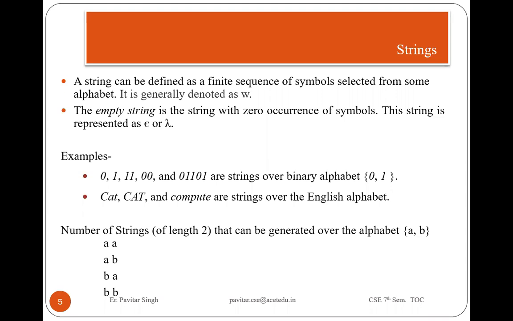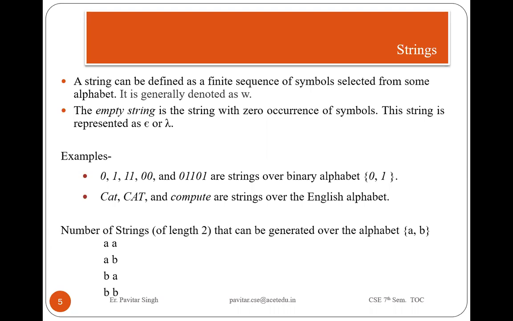4. If you are asked to make all the strings over the alphabet A, comma B, whose length is equal to 2, we will have 4 combinations.